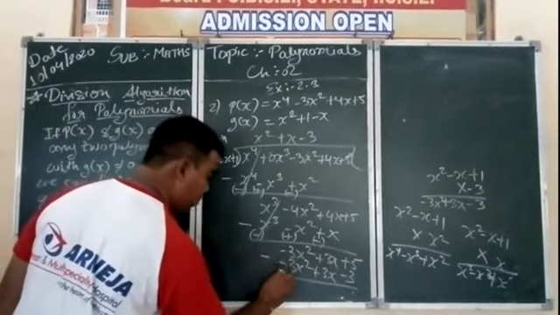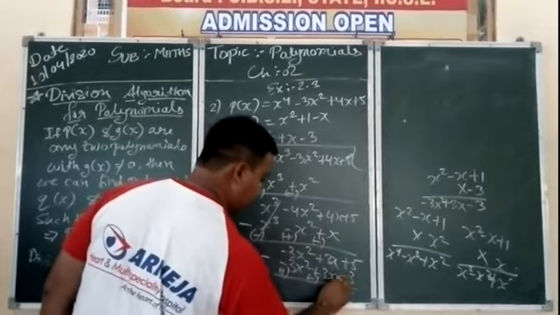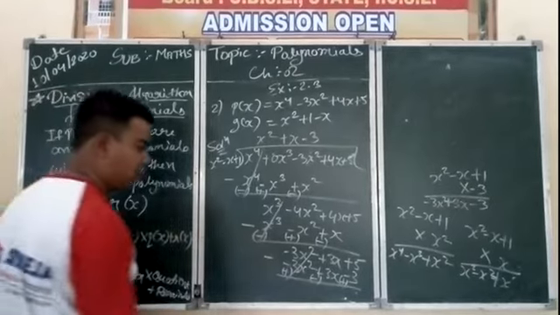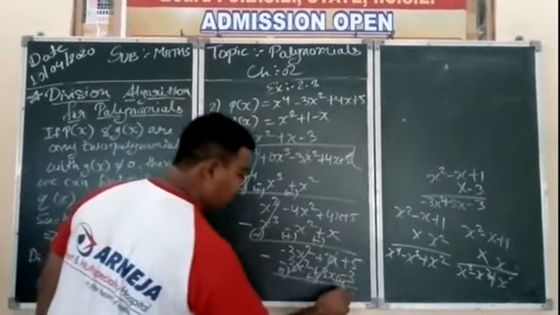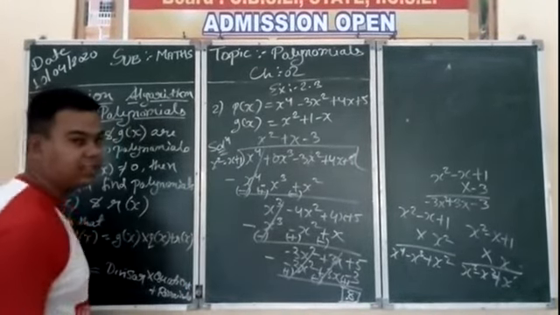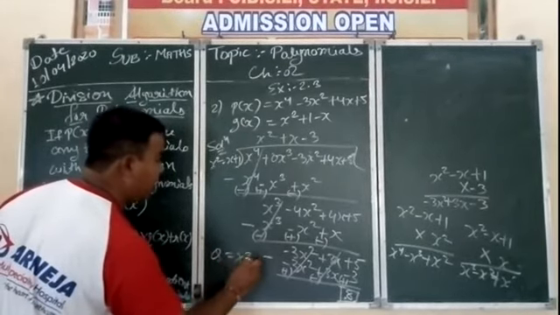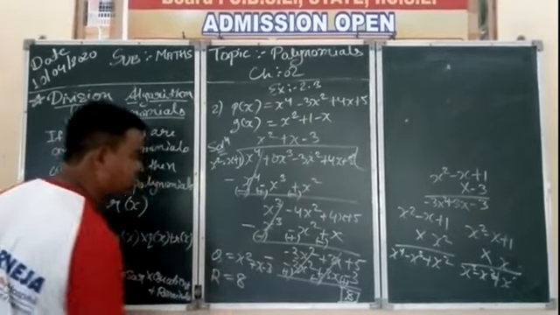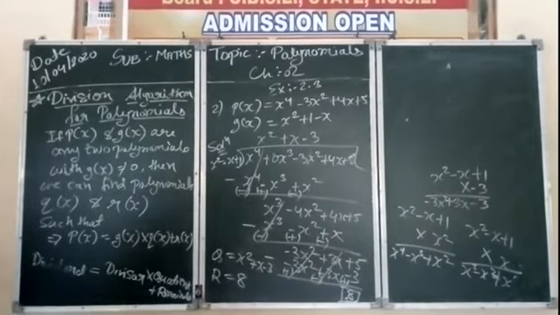The signs change and the terms cancel, and 5 plus 3 is 8. Now only the remainder 8 is left. So our quotient is x square plus x minus 3 and the remainder is 8 for this one.